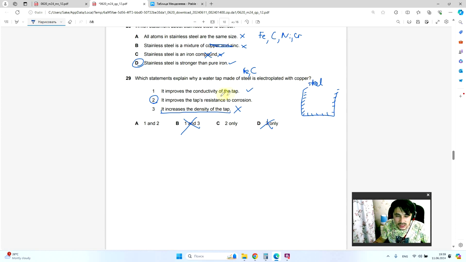So this is not an option. So let's look at the first one. It improves the conductivity of the tap. Well, it's still metal. It may change the conductivity, but that change is not so significant. And this is not the correct option. So C is the correct answer.